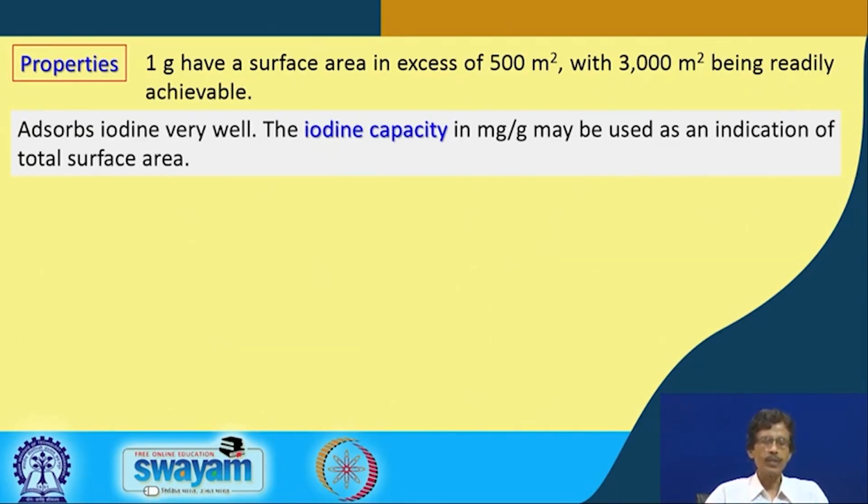If we consider the solid iodine being adsorbed in terms of milligram per gram, that can be considered the iodine capacity of activated carbon, and is used as an indication of the total surface area, how much surface you can cover with 1 gram of activated carbon. That can be determined by this technique of determining iodine capacity.